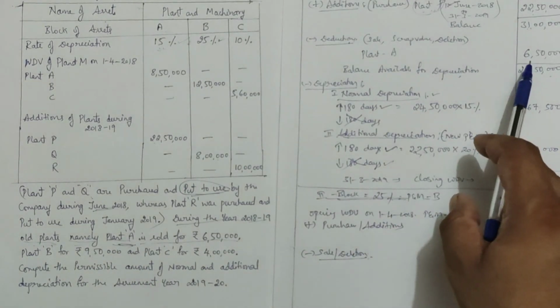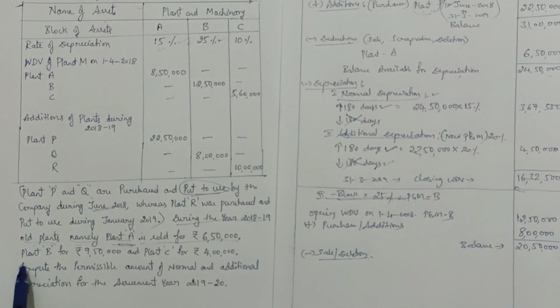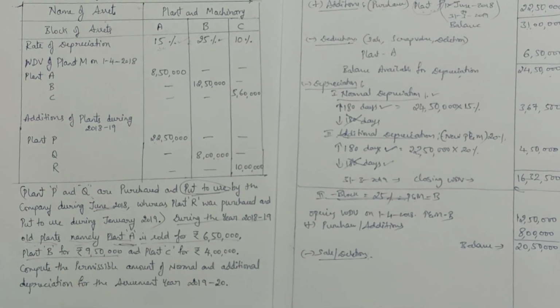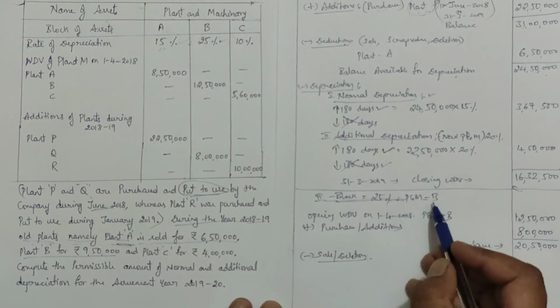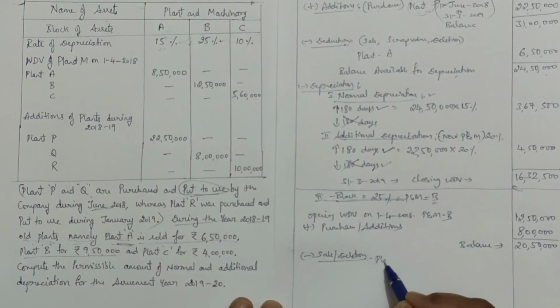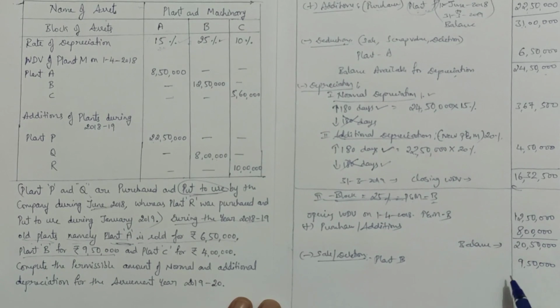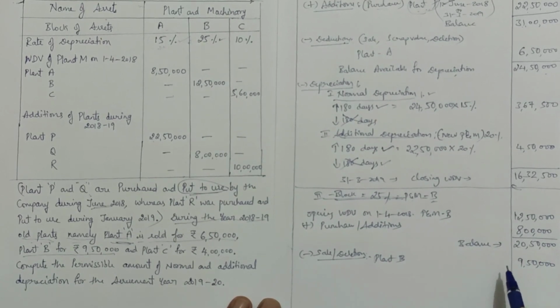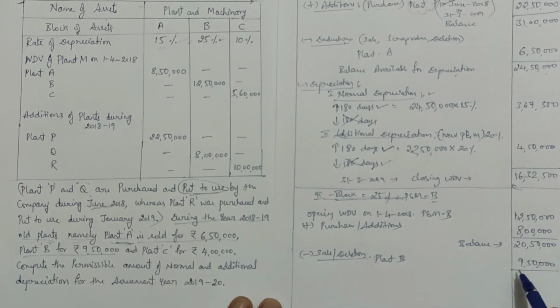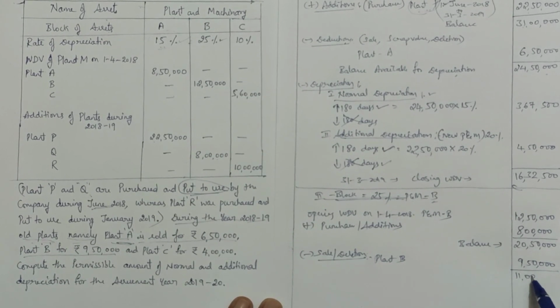That we have already taken. Next, here we have plant B for rupees 9,50,000. So again we will write that, because here we are dealing with plant B. Plant B sold for how much? 9,50,000. So if we deduct 9,50,000, how much will we get? We will get 11 lakh.